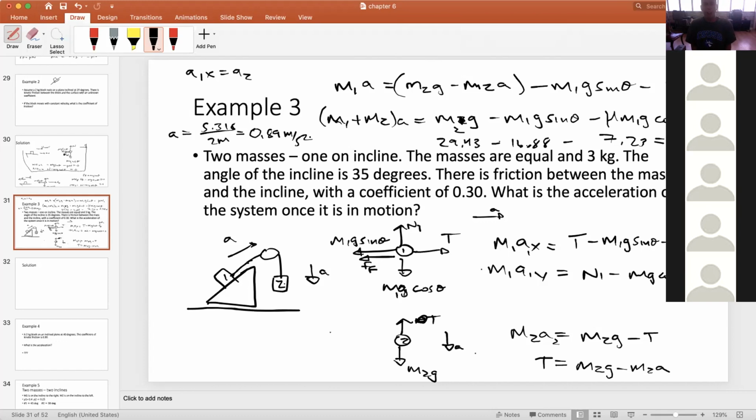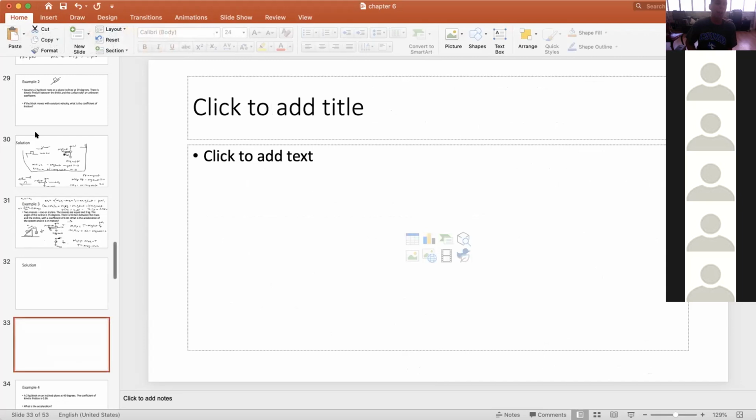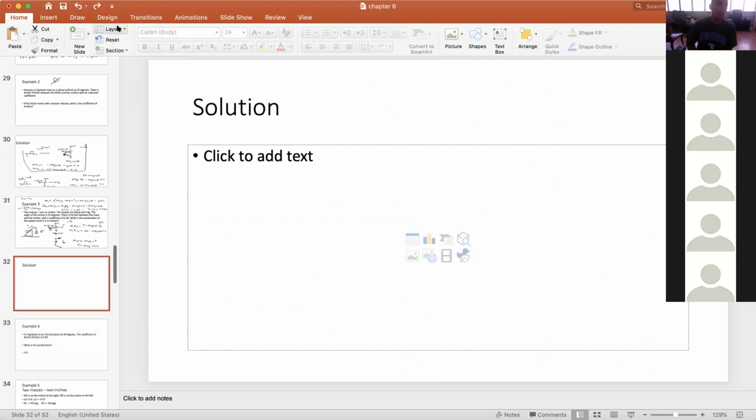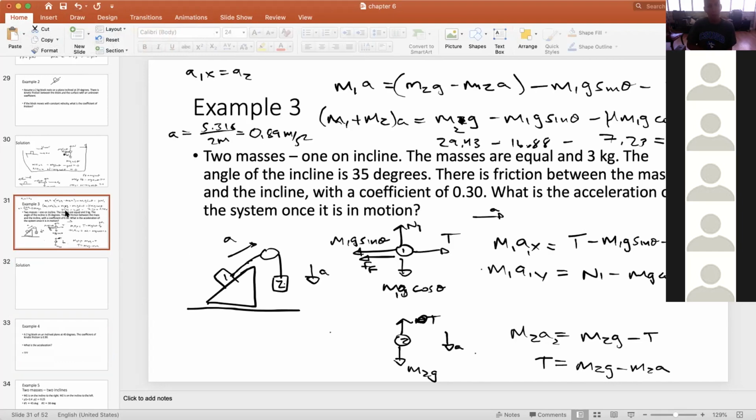So that's our acceleration. Here's the question I have for you. What if I wanted it to go the other way? What if I messed up and I put it the other way? How would I know? Yes, sir. So in this example, you assume that the box on the plane goes up, right? Why did you do that? Because I assumed that 2 was going to fall, but I have no way of knowing that that's true.